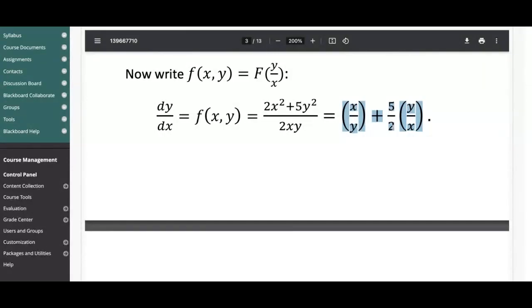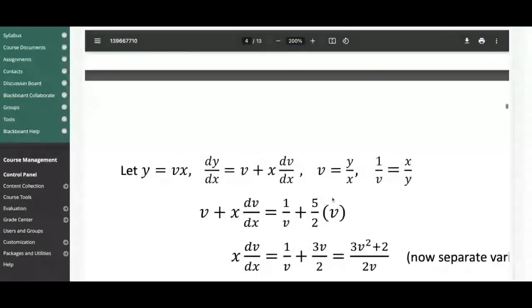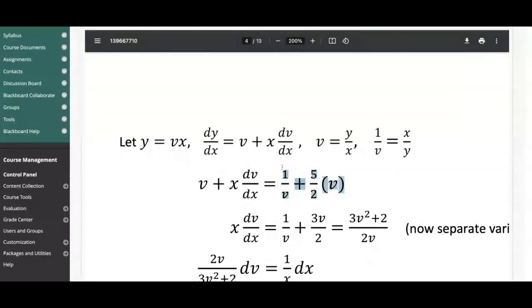Then 5 over 2, y over x is v, 5 over 2 v. So we get this: 1 over v plus 5 over 2 v.